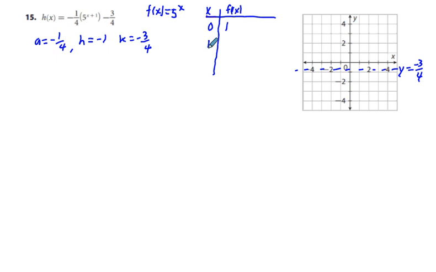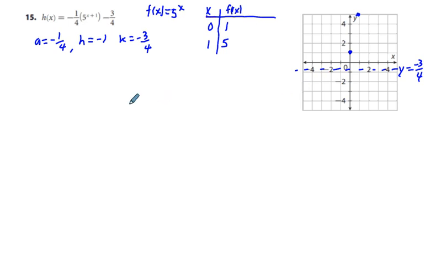If we plug in 1, we get 5 to the power of 1, which is 5. So our original points here are going to be 0, 1, and 1, 5.